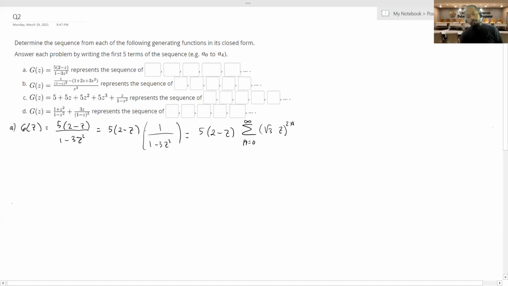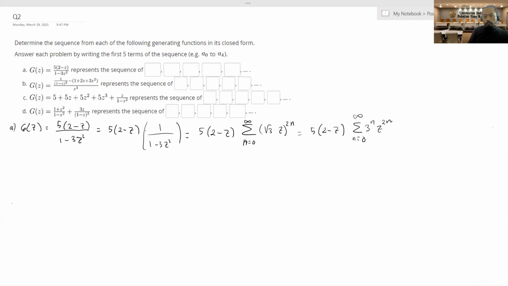So like this, right? Now, of course, this is equal to 5 times (2 minus z) times the summation from n equals 0 to infinity of 3 to the power of n, z to the power of 2n. Already from here we could simplify the form.